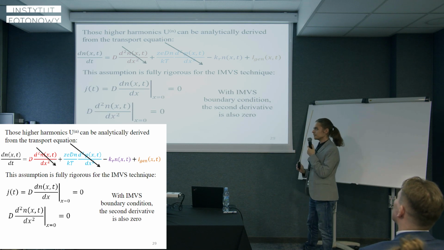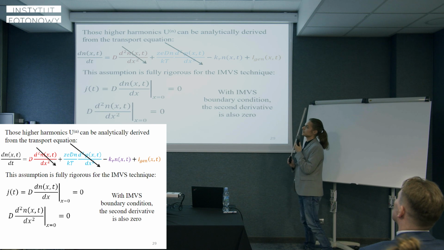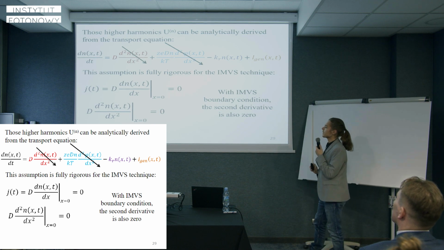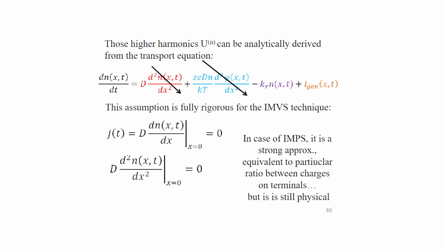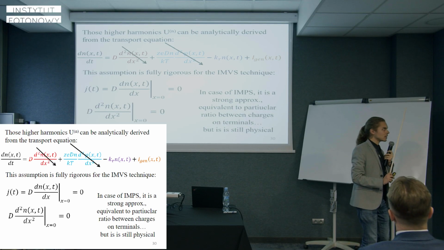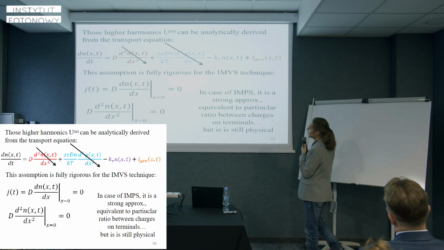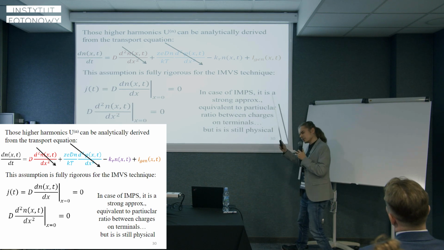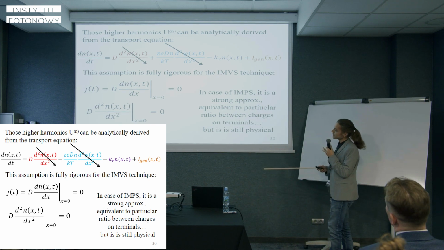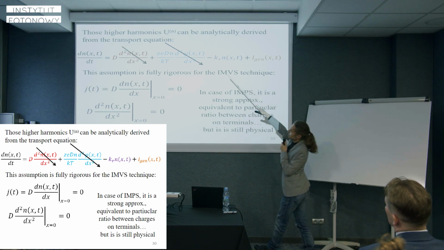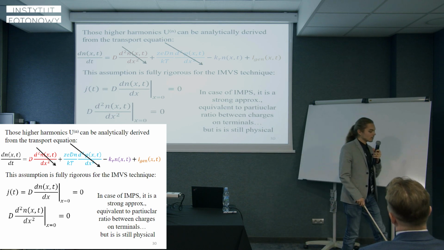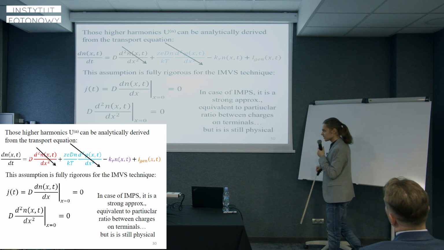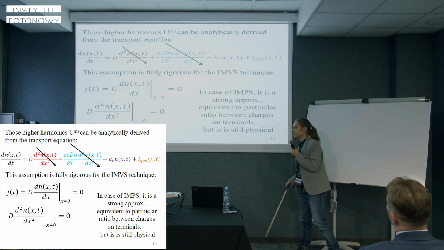So this approximation is reasonable for IMVS, and for IMPS it is a strong approximation, although it is still physical, and it is mathematically equivalent to putting a very specific ratio of charges on the right and left terminal. Not going into details about it, but it is okay. The approximation of this one constant is the approximation that the electric field inside the space charge region is a constant electric field.